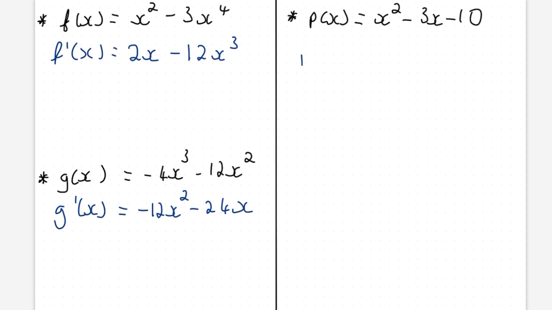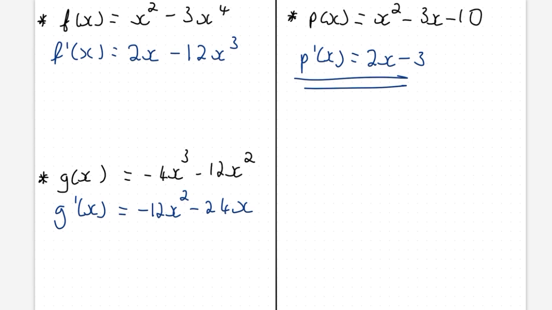Well, you see, p prime of x would now be equal to 2x, and this one would be minus 3, because the first derivative of x is just 1, right? We said the derivative of x is always just 1, right? And then the derivative of a constant is 0, so we're not even going to write that. This is where it ends.